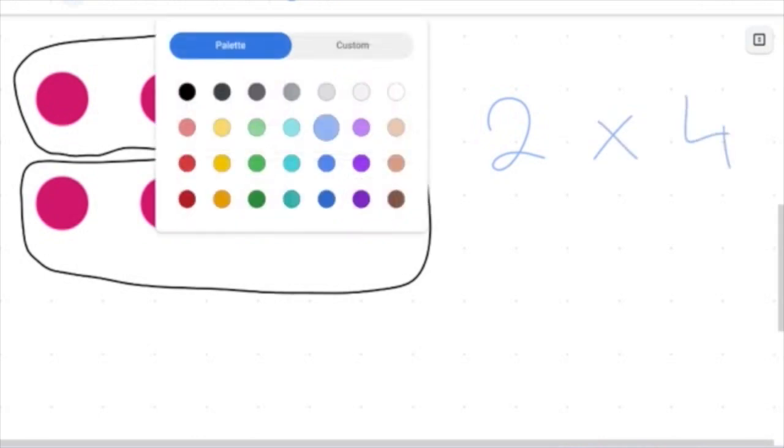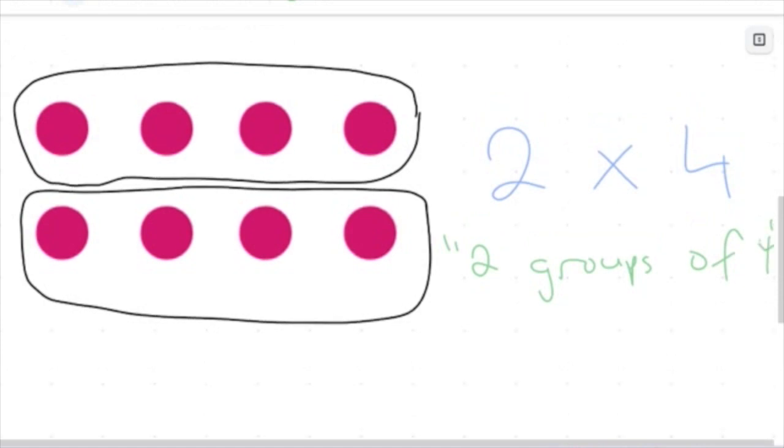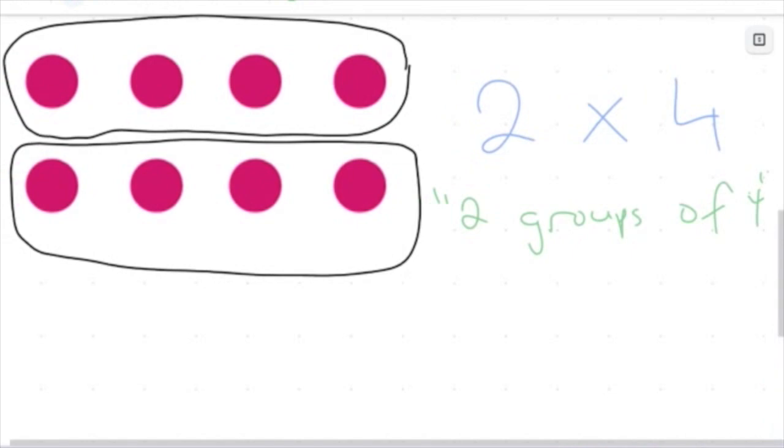This is once again saying 2 groups of 4. Hope you can see that. Sorry for the messy handwriting. There we go. 2 groups of 4.